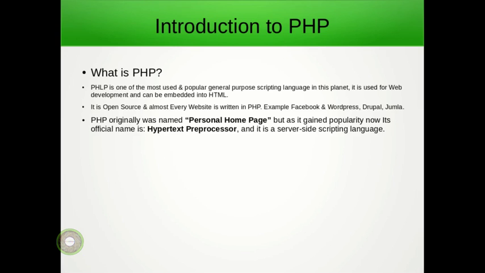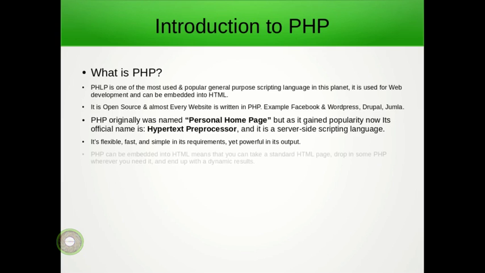That's why it's called preprocessor. So PHP actually stands for Hypertext Preprocessor now, and the original name was Personal Home Page, which makes a lot of sense. It's flexible, fast, and simple in its requirements, yet powerful in its output.